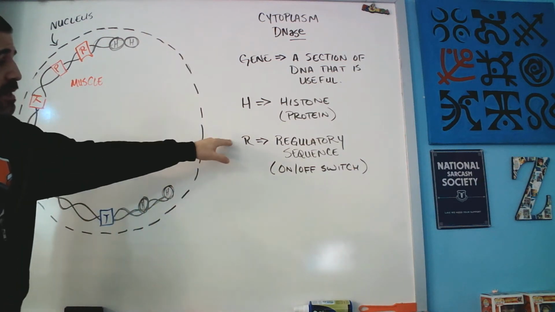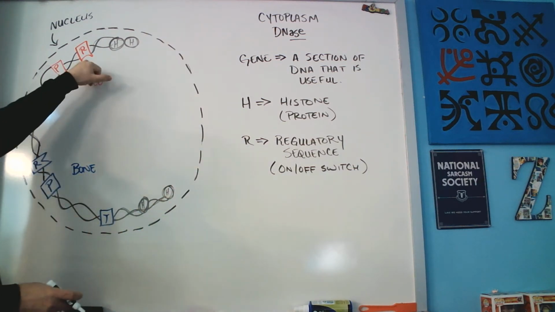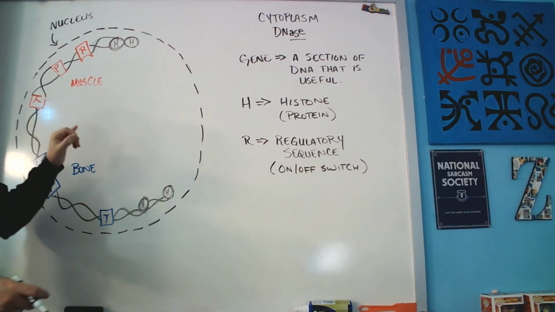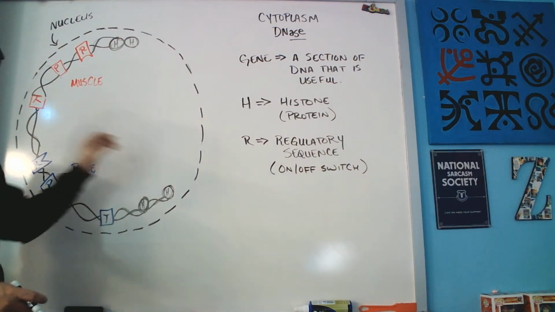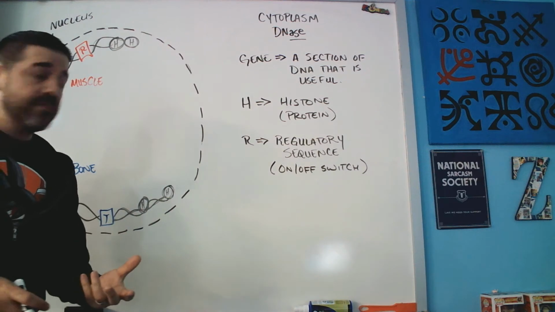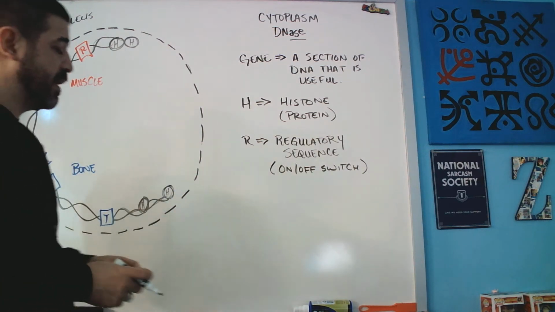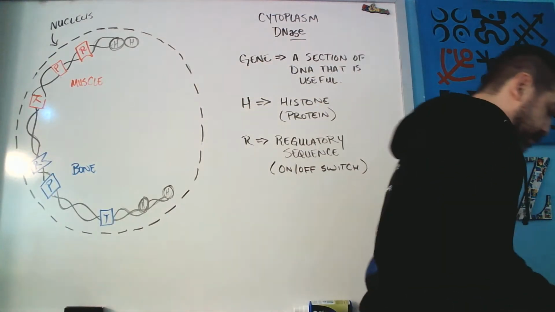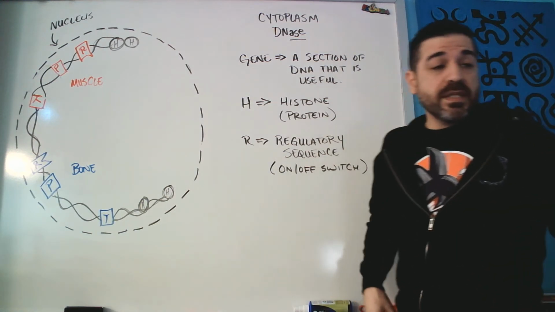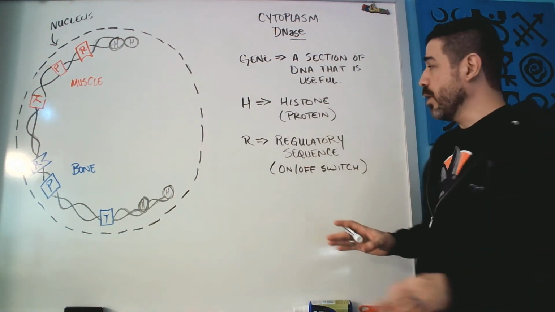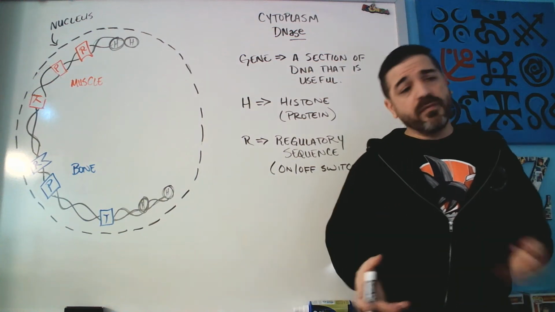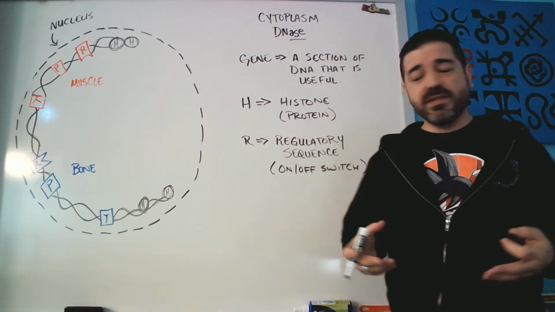So the regulatory sequence, or the regulator, is going to identify this gene as one that is on and hopefully identify the rest that we don't need as off. Okay? So our regulatory sequence is providing us with this on-off switch for each of the genes. Now, it does this using other proteins. Proteins play a big part in what we're doing, and it's also the goal of what we're trying to accomplish here, protein synthesis, right?